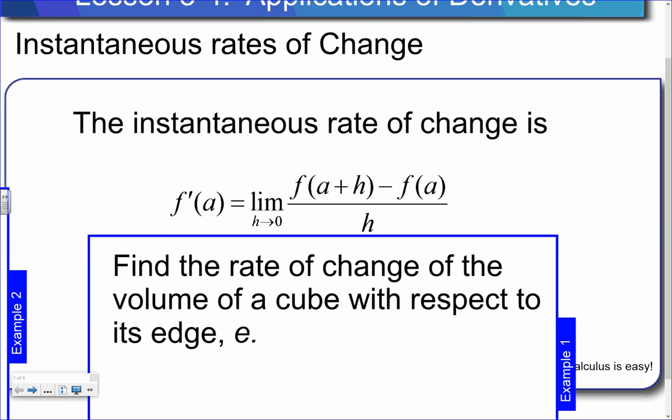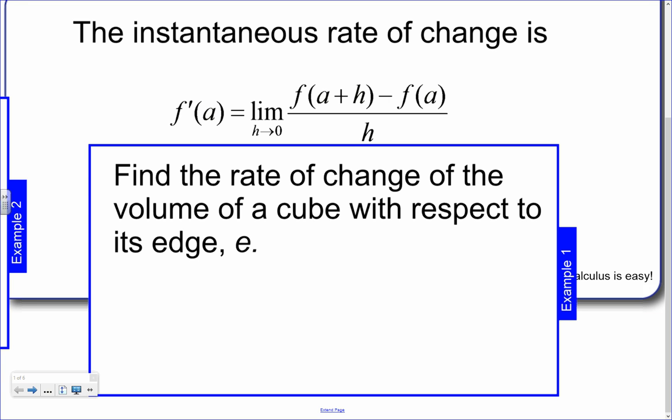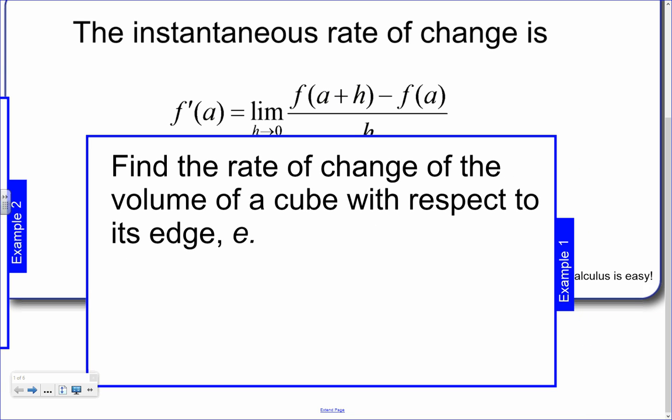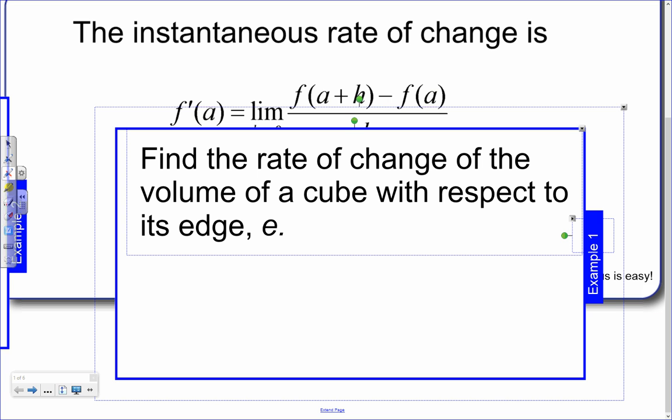For example, if I want to find the rate of change of the volume of a cube with respect to its edge e, say I have V of e equals e cubed, the rate of change would be V prime of e equals 3e squared.